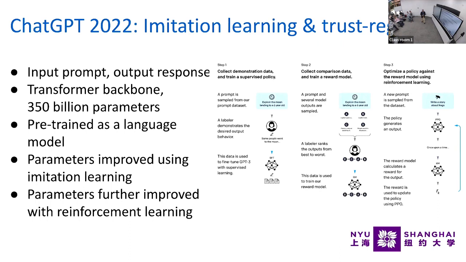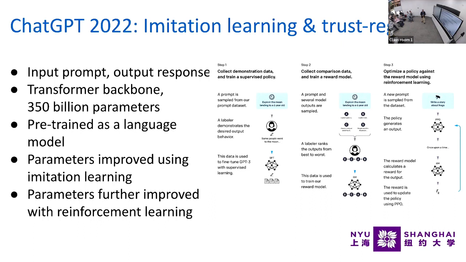Then they use that as supervised learning, starting with the initial parameters from the language model, and they modify those parameters a little bit to push the language model to give results that are closer to what the humans gave. So that's the first step.